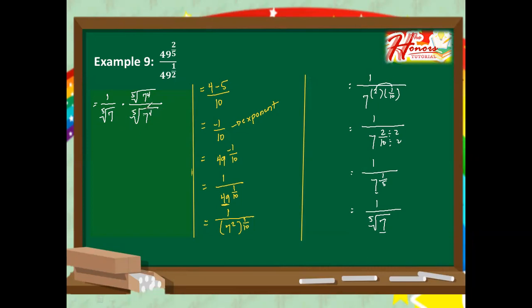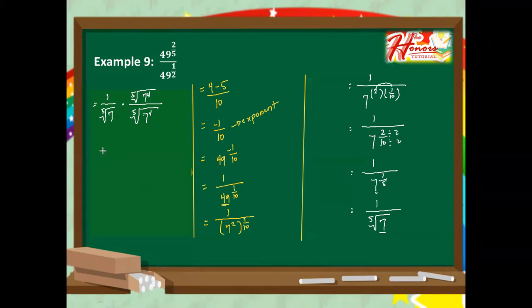Why is it fifth root of 7 raised to 4? It is because we have here fifth root of 7 raised to 1. For us to achieve an exponent of 5 here, for us to simplify, we lack 4 in our exponent. So therefore, we use 7 raised to 4 in multiplying for the numerator and the denominator to get the exponent of 5 later when we simplify.